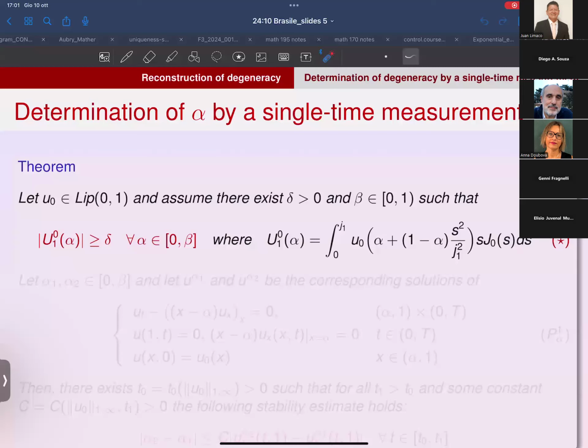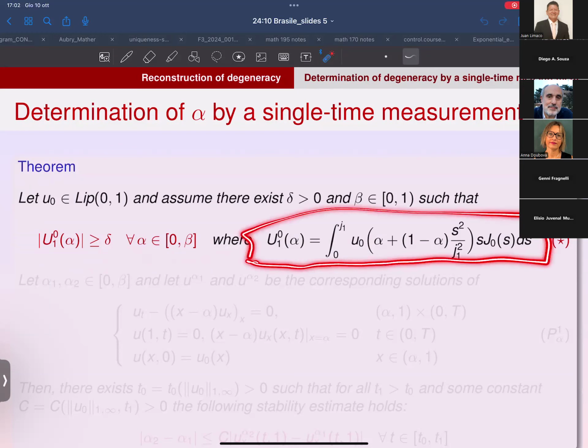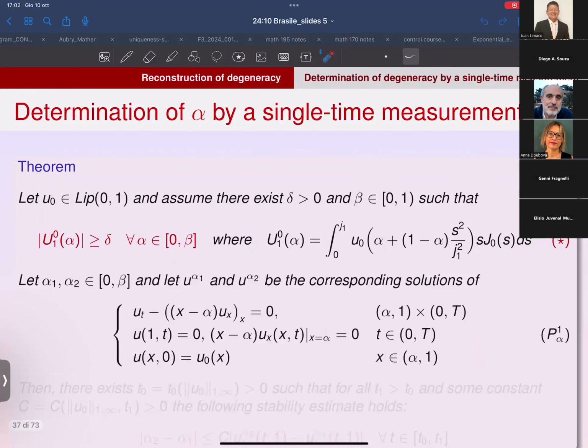The result goes like this. Suppose the first Fourier coefficient of your initial condition does not vanish on some subinterval (0, beta). So for all alphas between 0 and beta, this Fourier coefficient does not vanish. And then take two values in this interval and take the corresponding solutions of your problem.